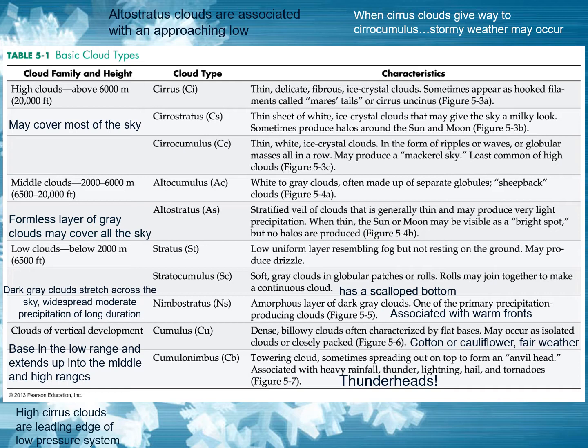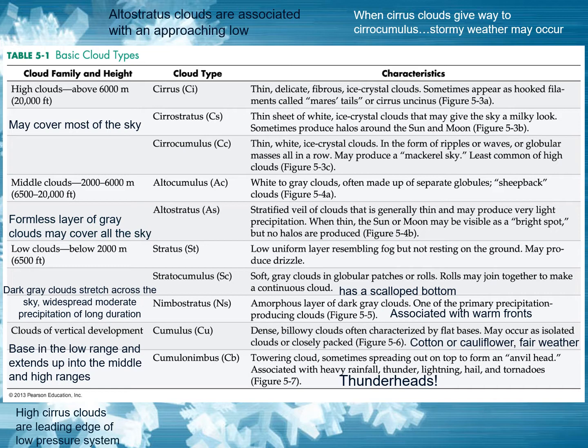Okay, so cirrus clouds. Definitely made of ice crystals, thin, fibrous, wispy. Sometimes we refer to them as mare's tails, meaning horse tails. The cirrostratus may cover the whole sky, may produce halos around the sun and moon.